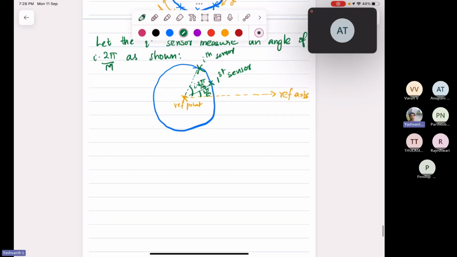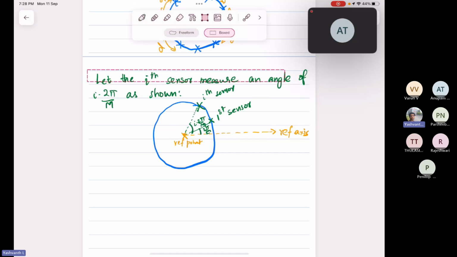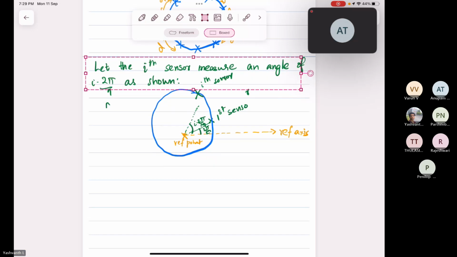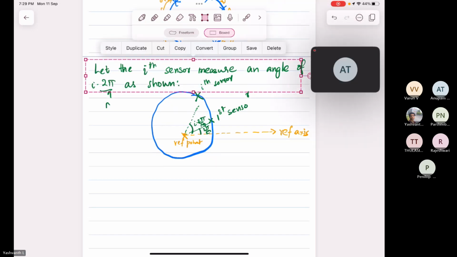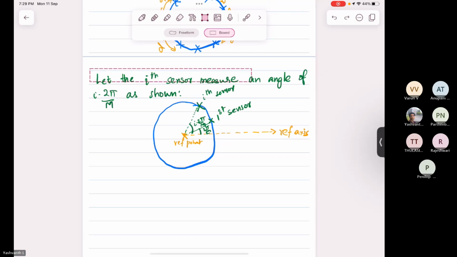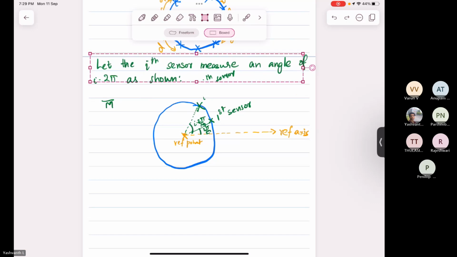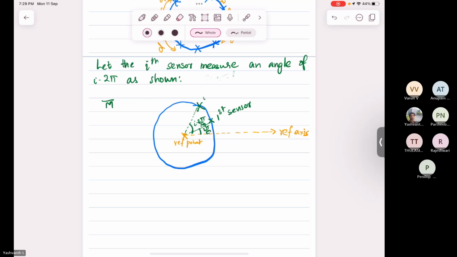Let's see if this works. The ith sensor.